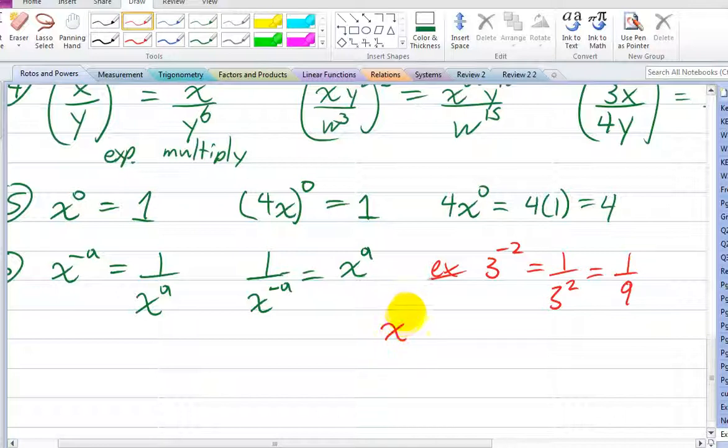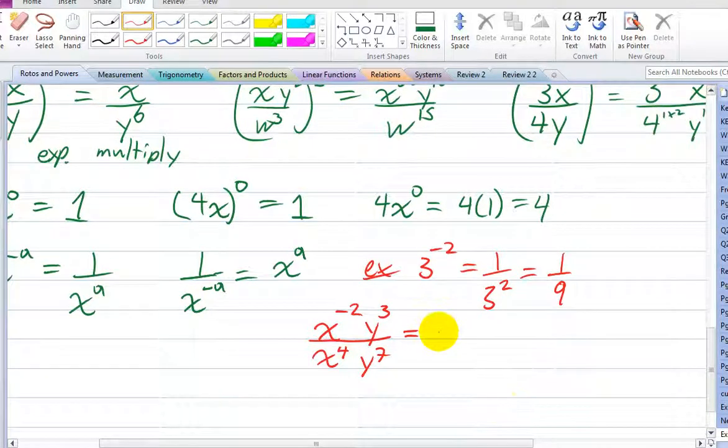x negative 2, y cubed over x 4, y 7. So let's take care of, use your exponent rules. What do we do when we divide the x's? We would subtract our exponents. So negative 2 minus 4.